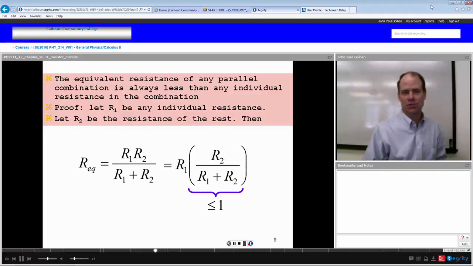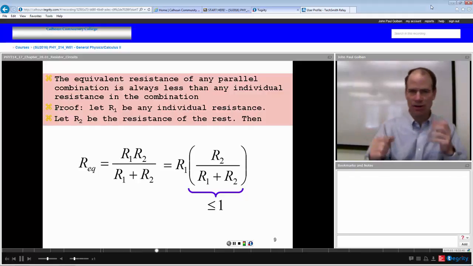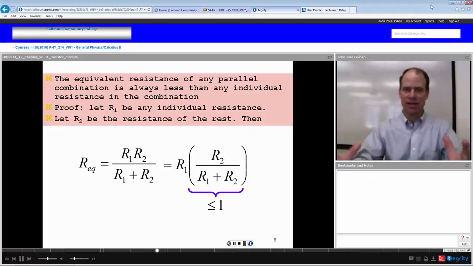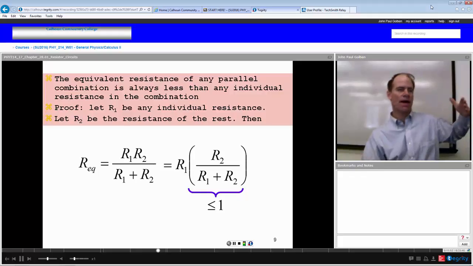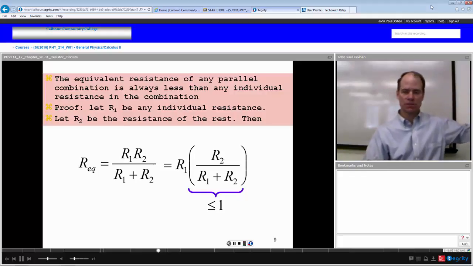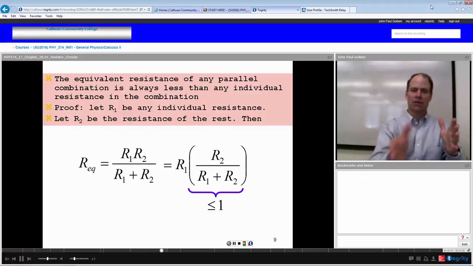Why is this true? Well, if I were an electron and I were encountering 1,000 ohms and I had to go through there, that would be the resistance I would encounter. But if I had any other options, if I had other parallel options, then that should reduce my resistance. In other words, say for example you're driving down the road and you have only one lane to go through, so you have a particular resistance in trying to get through that lane.